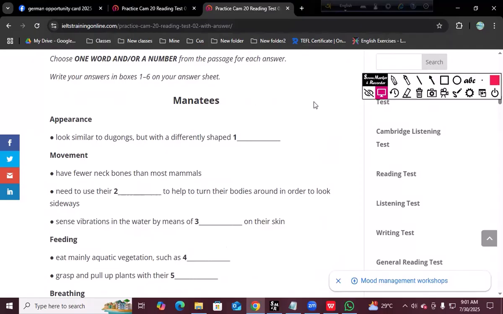Now we will move on to the second question, and let's see what the second question is. Then we have to move on to movement. They will talk about movement.